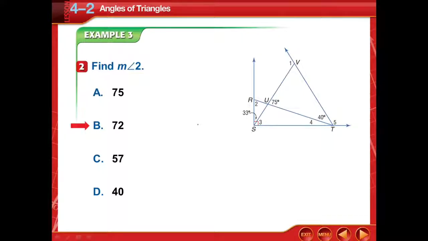Angle 2 is 72 degrees because since this little angle here is 33, remember vertical angles make this 75. If you add the two of them together and subtract it from 180, you get 72.